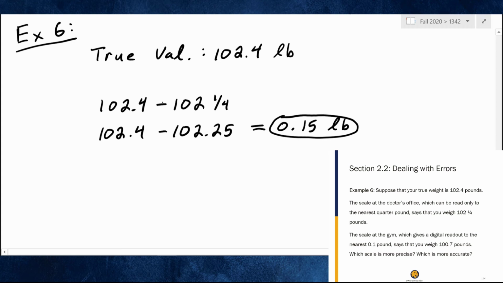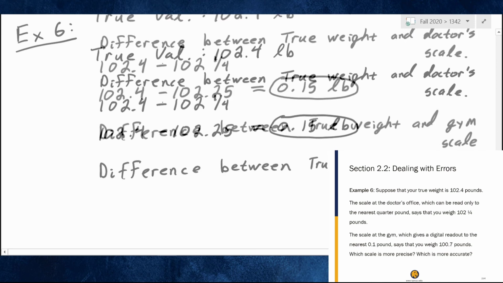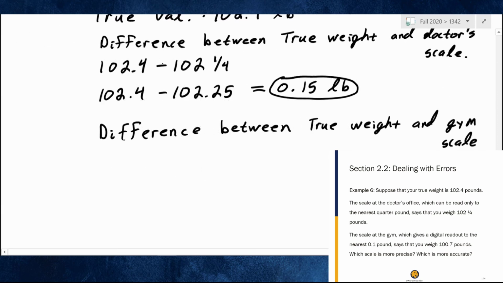That would be the absolute error between the doctor's scale and the true weight. However, if we look at the difference between the true weight and the gym scale, the true weight's 102.4, but the scale read out 100.7 pounds. So it's off by 1.7 pounds.